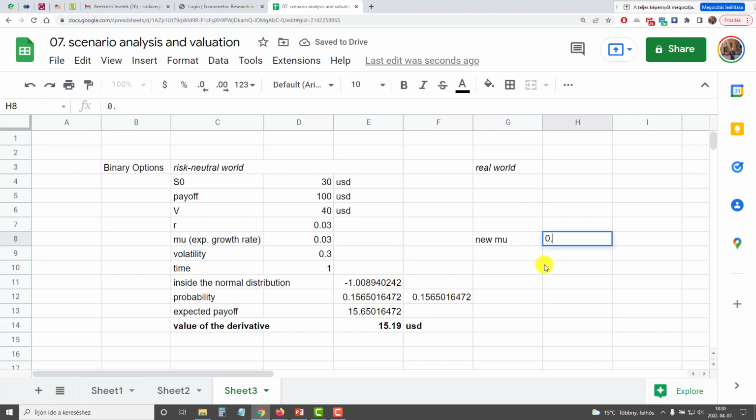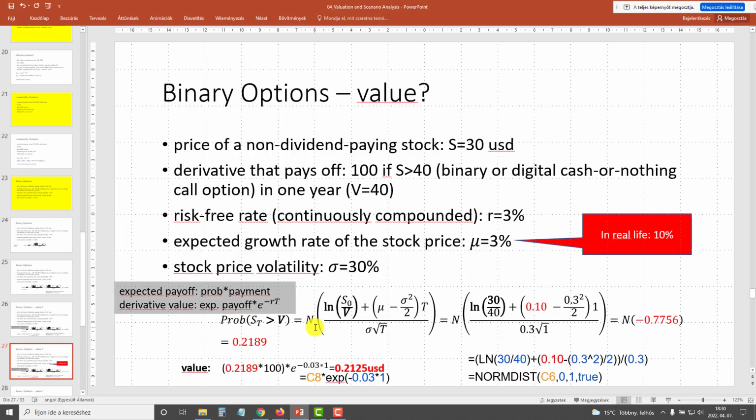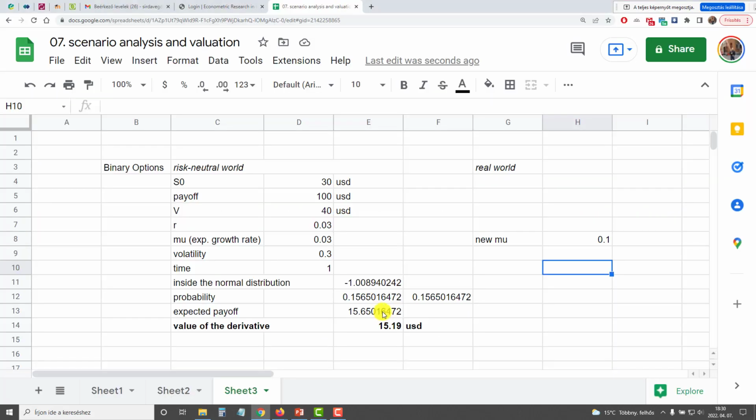New mu is 0.1. Okay, we have to recalibrate so many things here, because now one thing is changing and this is only the mu. So luckily no other things should be modified.